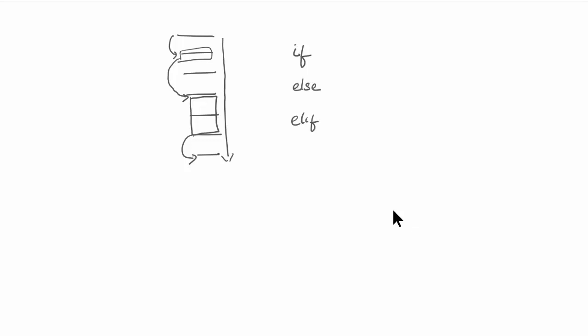These are some examples of flow control statements called conditional statements. The reason why they are called conditional statements is because each of these syntaxes basically evaluates if a particular expression is true or false. If it is true, that block of code is executed. If it is not true, it is not executed.